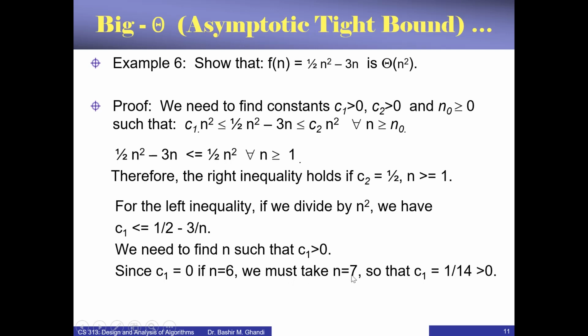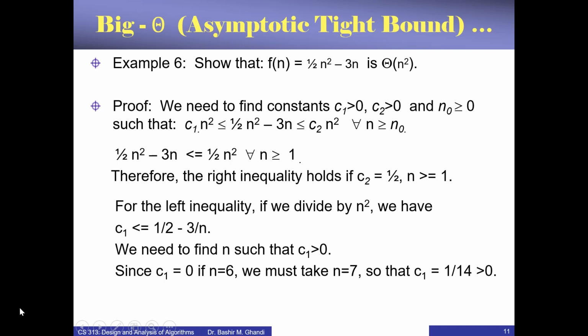So take n to be 7. If we do that, then we are sure what we will have is going to be positive, because 3 over 7 is going to be less than half. Therefore, half minus that is going to be positive.